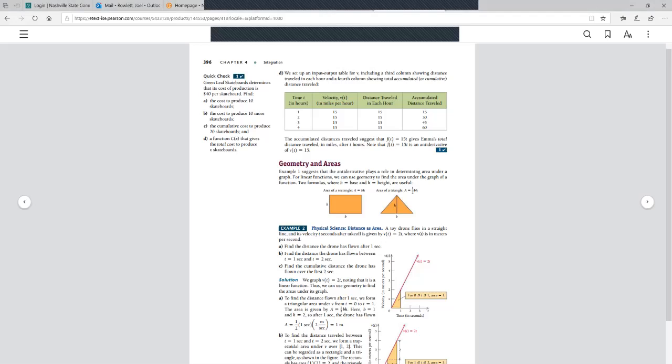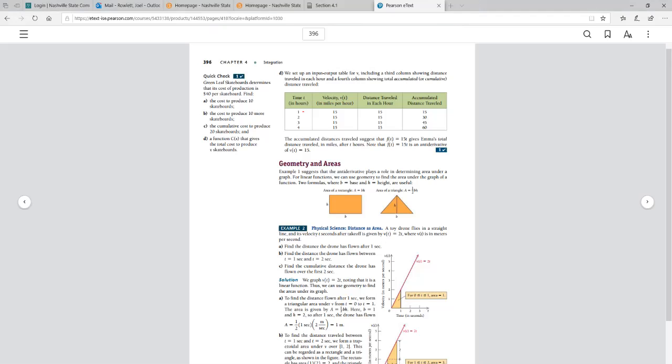We know that during the first hour, she traveled 15 miles per hour for a total distance of 15. And then for each 1 hour span after that, traveling at that same constant velocity, she managed to travel another 15 miles. Well, this column here, it's keeping up with the total distance traveled for the entire trip.